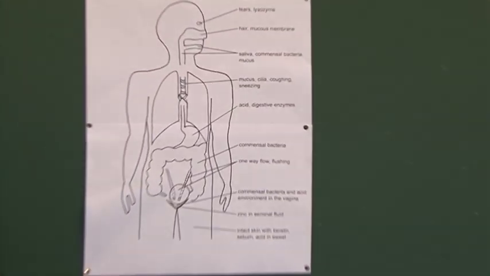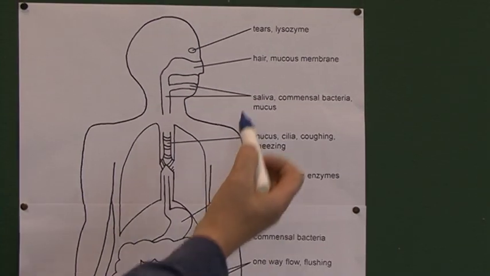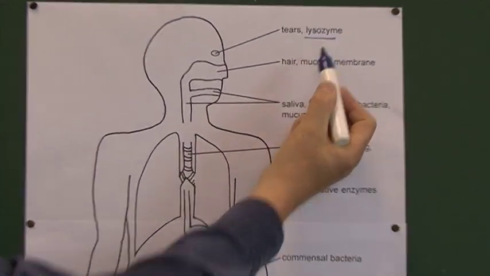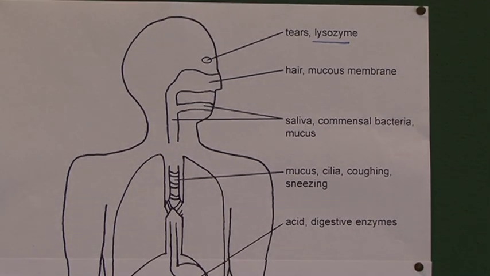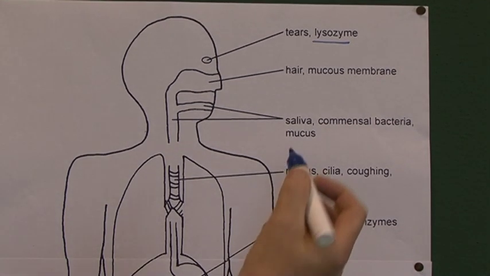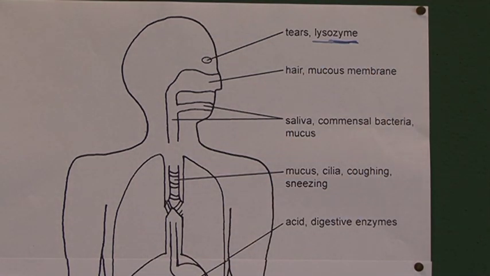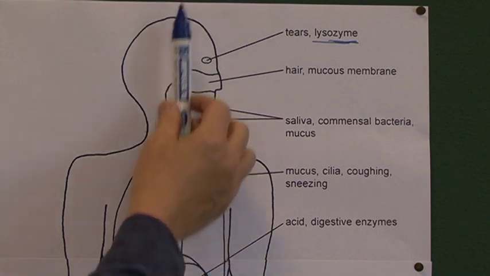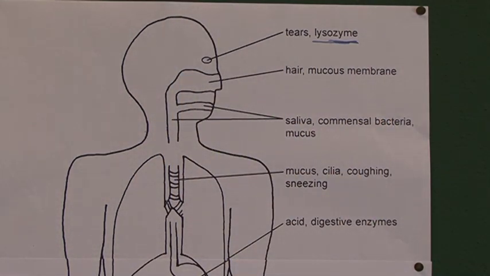So we notice that in tears there's a digestive enzyme called lysozyme. So lysozyme is an enzyme which will digest bacterial cell walls, and it's present in tears. And also the tears flow over the surface of the eye, and as they flow over the surface of the eye they can wash bacteria out into the nose.